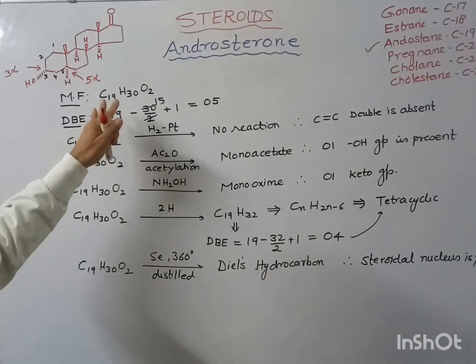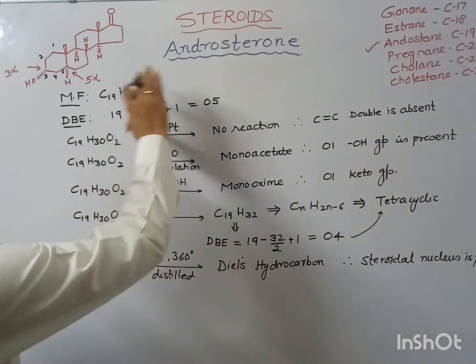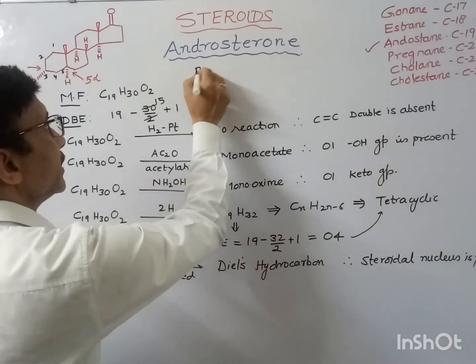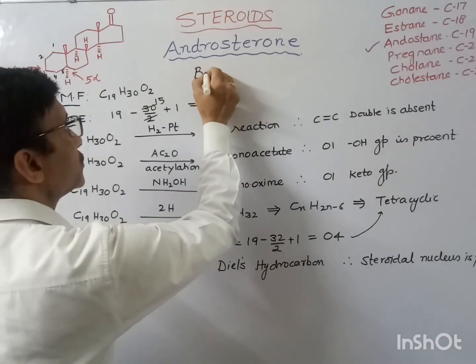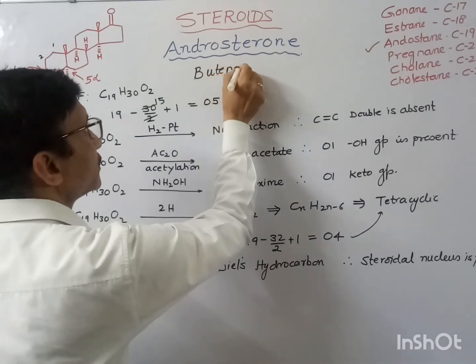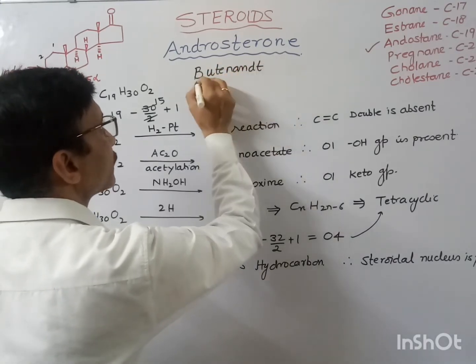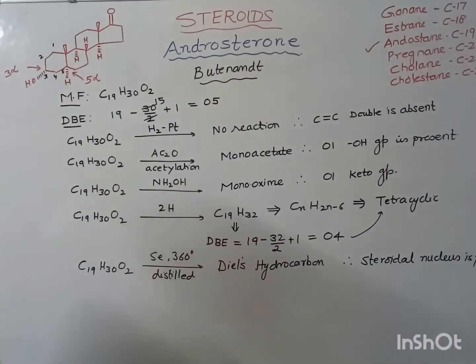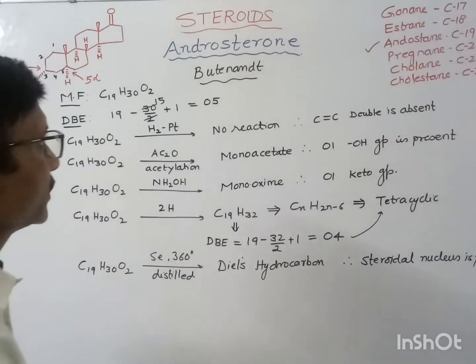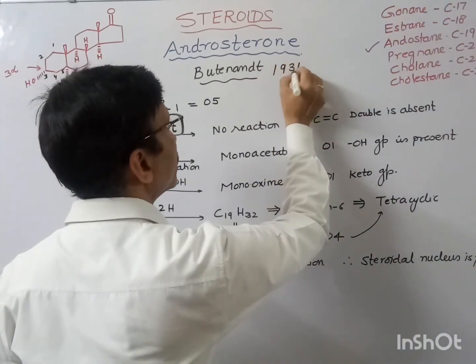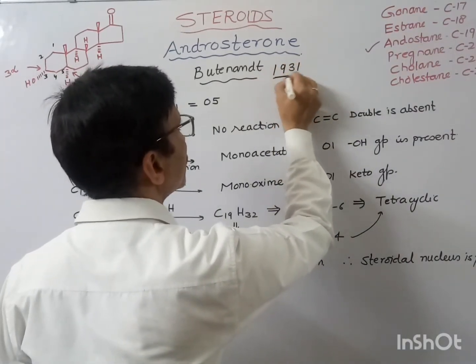Okay, then finally, after getting these results, all this structural elucidation was given by Butenandt. The scientist's name was Butenandt, who gave this structural elucidation and proved the structure in 1931.